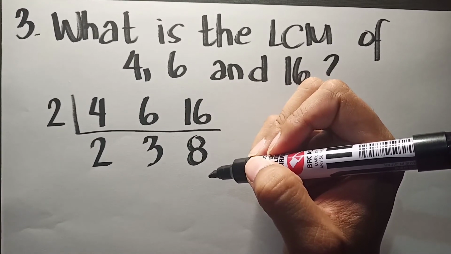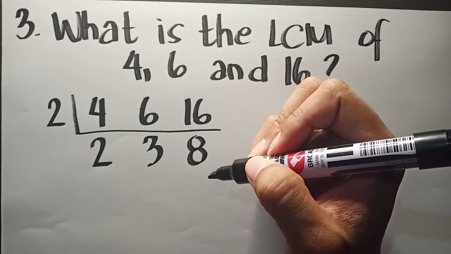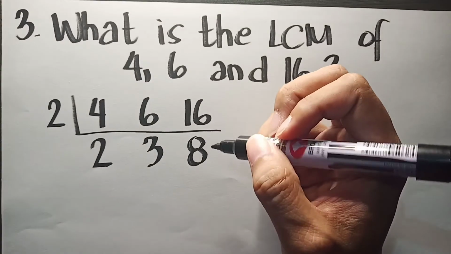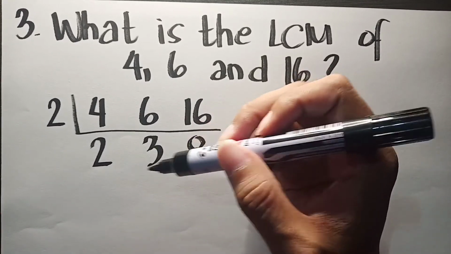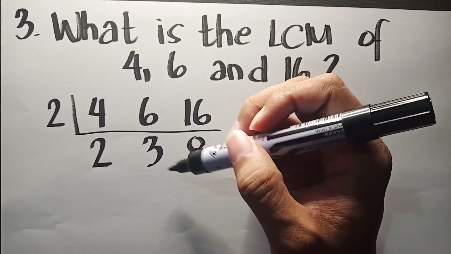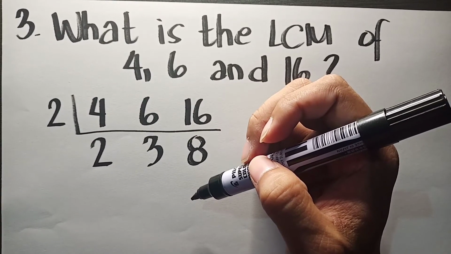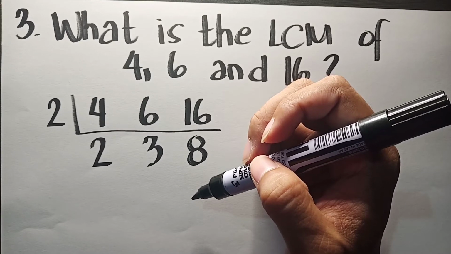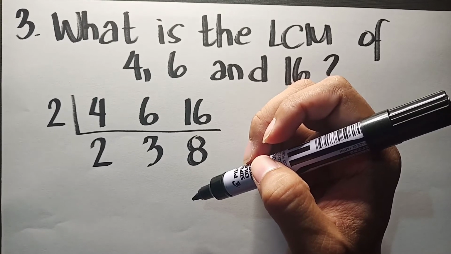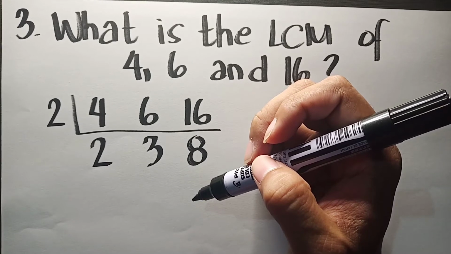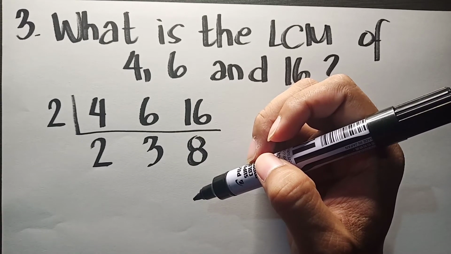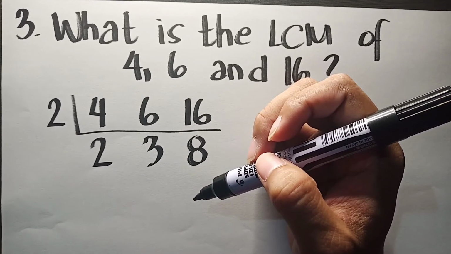So unlike what we did in the greatest common factor, we don't have to divide all three numbers by the same factor. In finding the LCM using the ladder method, we can divide them as long as there are two numbers that can be divided by a common factor.